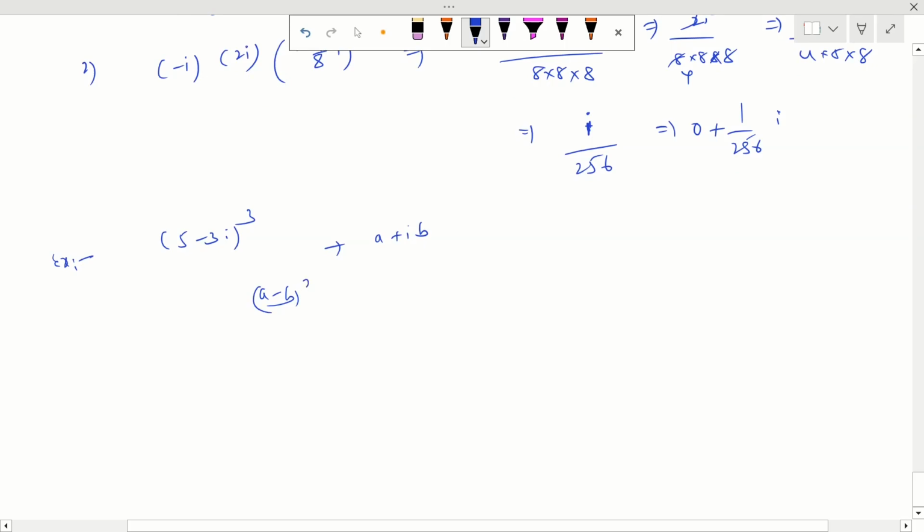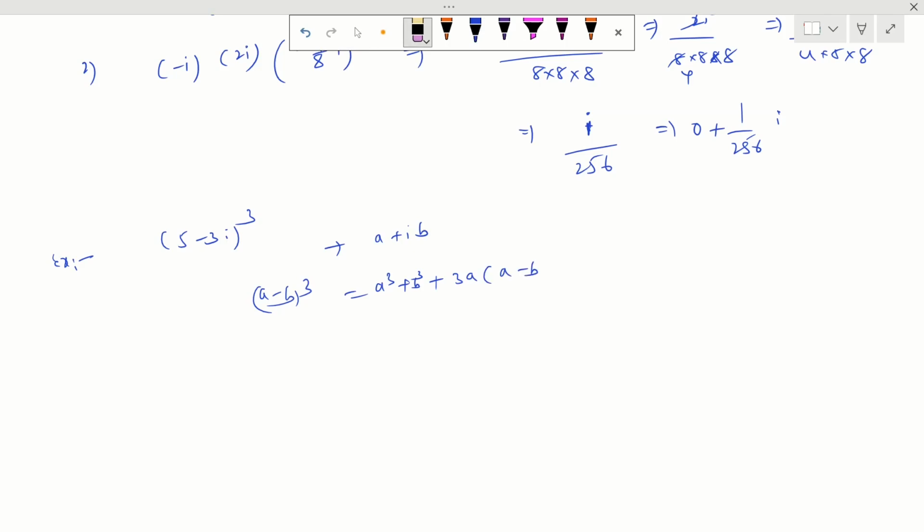Sorry, the formula for (a minus b) whole cube is a cube minus b cube minus 3ab into (a minus b). So a cube minus b cube minus 3a square b plus 3ab square, right? We need to write in this form.